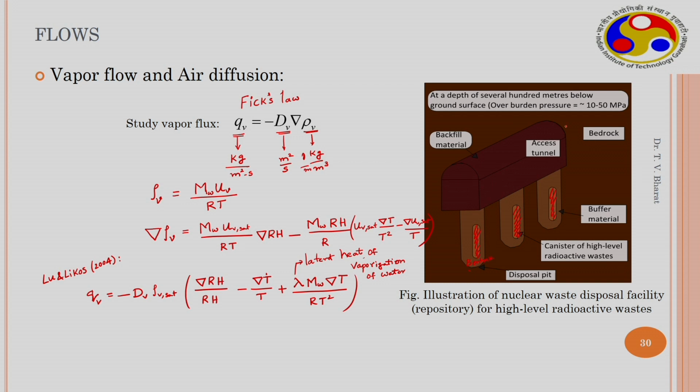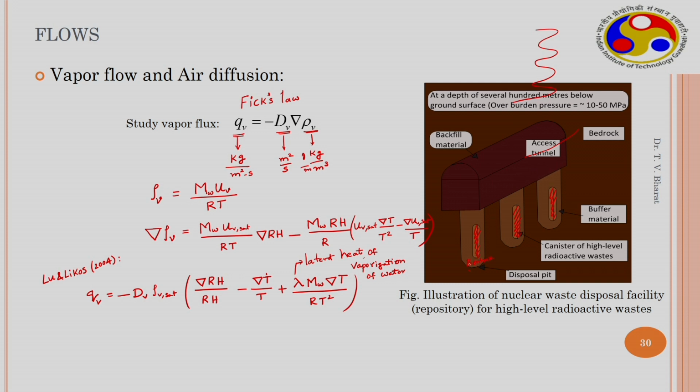This is an access tunnel, at a depth of maybe several thousand meters below the ground surface. You come down by tunneling several tunnels, and you reach this access tunnel, and you make a pit here, and in the disposal pit you place the canister and then backfill it with bentonite.